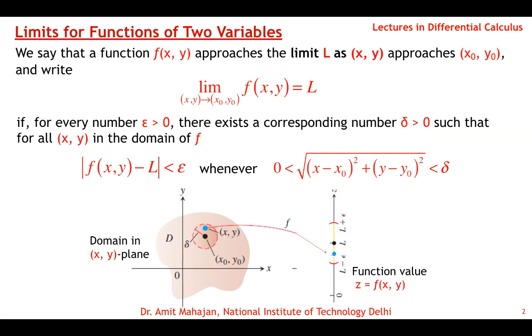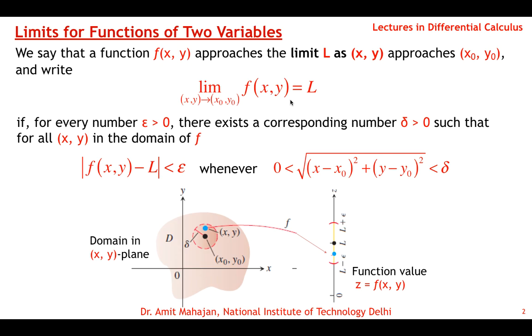So first is the definition of limit for function of two variables. We say that a function f(x,y) approaches the limit L as (x,y) approaches (x naught, y naught), and we write limit as (x,y) approaching (x naught, y naught) of f(x,y) equals L. This is the very intuitive way of writing the limit, that the function will approach L as (x,y) approaches the point (x naught, y naught).